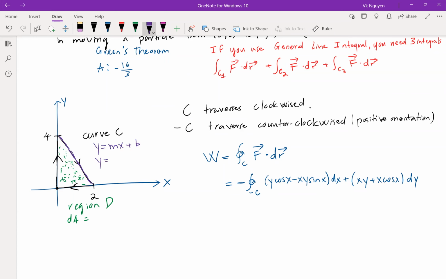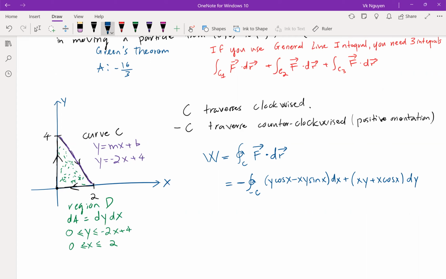So most of us stick to the slope as -2 and then the y-intercept as 4. We learned this one. So if we have this, it is better to do dy dx. Y goes from 0 up to the line, and then x goes from 0 to 2. Remember, that's the setup right here.